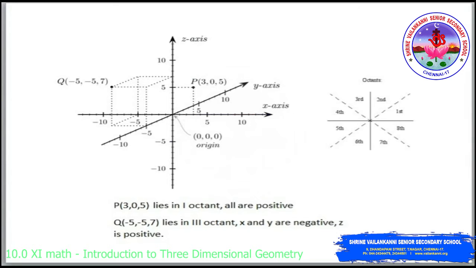So the point P lies in the first octant, and the point Q lies in the third octant.